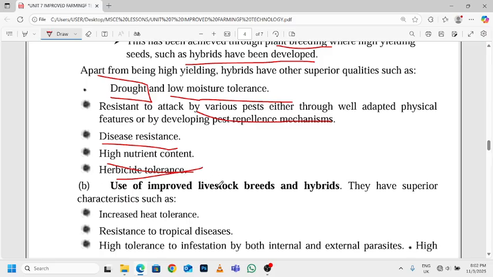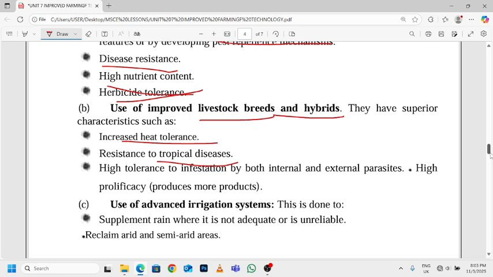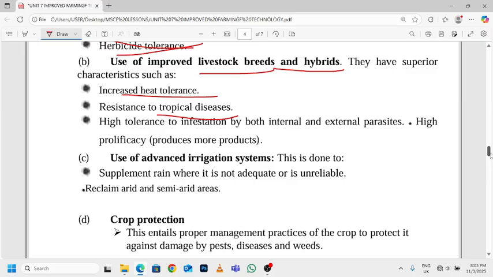Another way is the use of improved livestock breeds and hybrids. Apart from crops, you can also have improved livestock. For these livestock, you can also consider increased heat tolerance and resistance to tropical diseases. Some of our livestock are not easily caught by diseases. So you only choose those livestock that can withstand the diseases that are available in that environment.